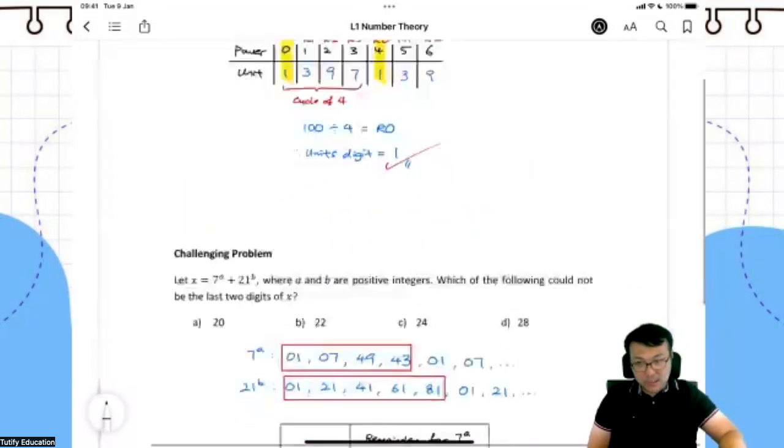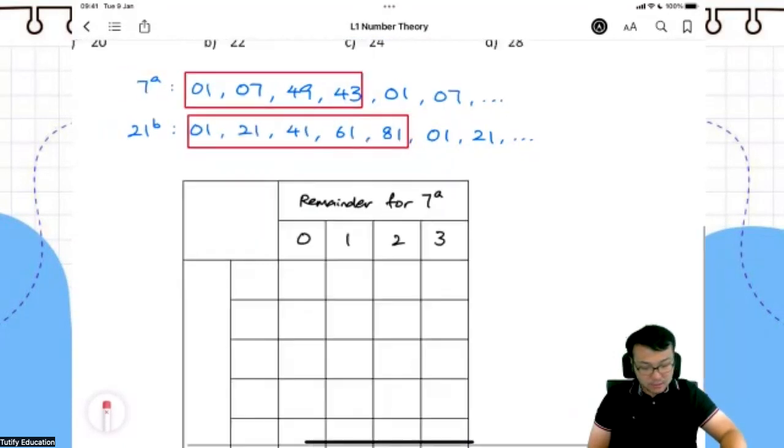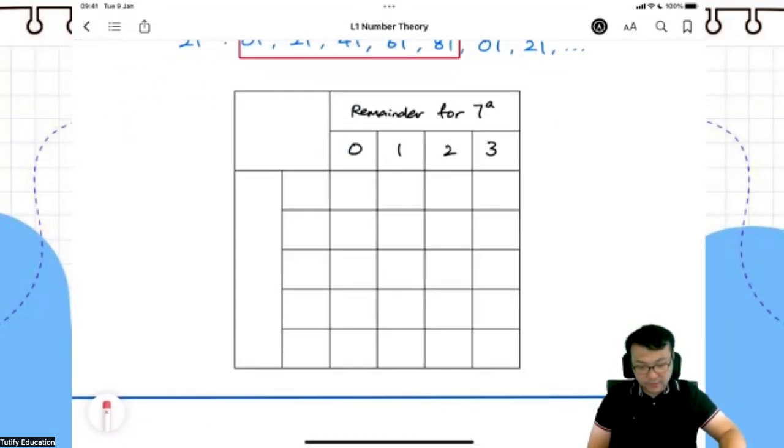So if it is remainder 0, 1, 2, and 3, then what are the last two digits? We will fill it in later on. Over here, we are going to get the remainder for 21 to the power of b, and again, it's going to be 0, 1, 2, 3, 4.